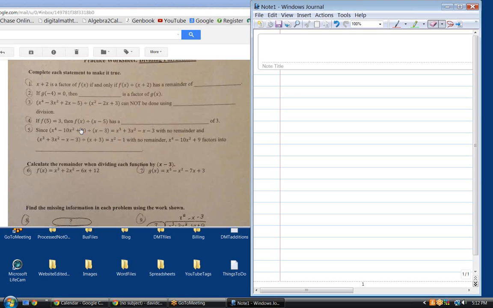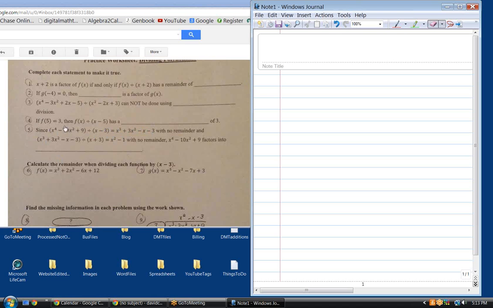So if I divide this quartic by this linear factor, I get a cubic with no remainder. That means that linear factor is a factor of that polynomial. And it means that, because there's no remainder, x equals 3 is a solution to that quartic, as one of the zeros. Okay? So they're saying that if I divide it by that, I get that cubic with no remainder, meaning that's a factor.